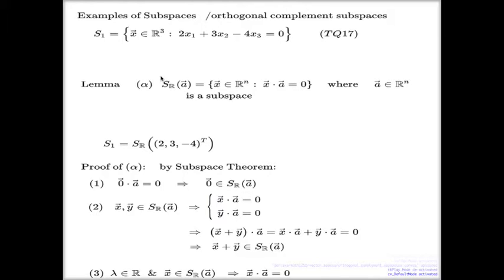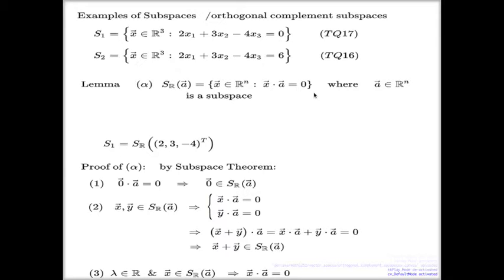Right, and that's how we do question 17. There's another question next to it, question 16, which takes this example, S2 I call it. It looks a lot like the one we just did, but the difference is 6 here. This we can argue almost instantly, because if I want to see that this is a subspace, I need to check all of these three criteria. This thing doesn't fit into this category, so we cannot do this example by making reference to the orthogonal complement subspace lemma.